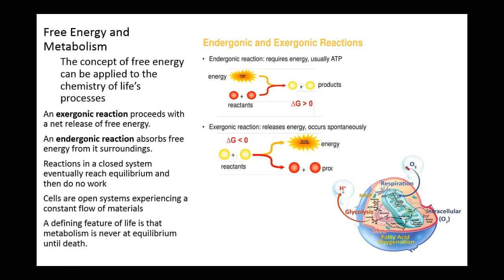With regard to a closed system, we said this before, eventually equilibrium is going to be reached and no more work will be done. Open systems have a constant flow of materials and a constant flow of energy, and biology is an open system.